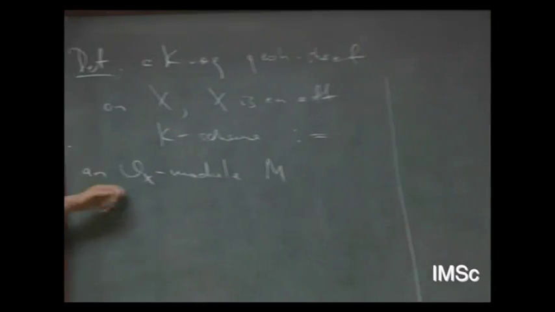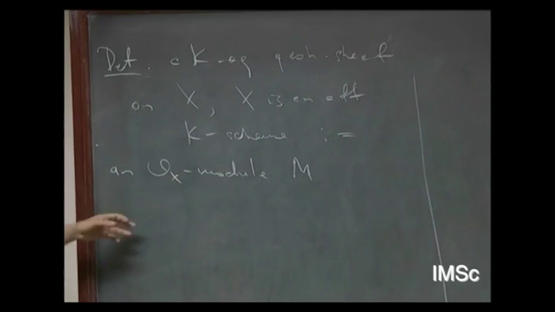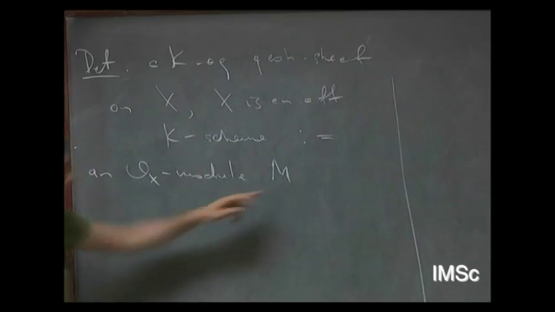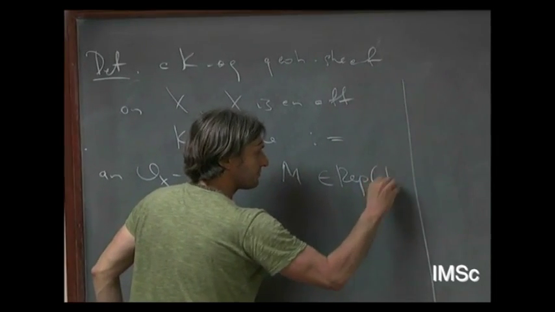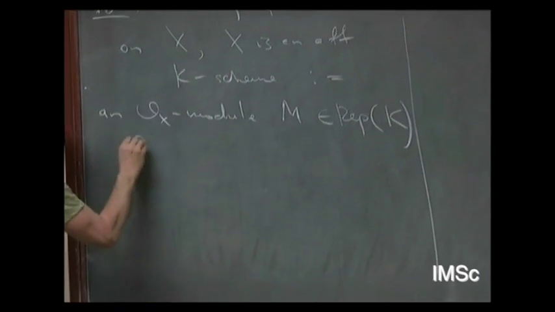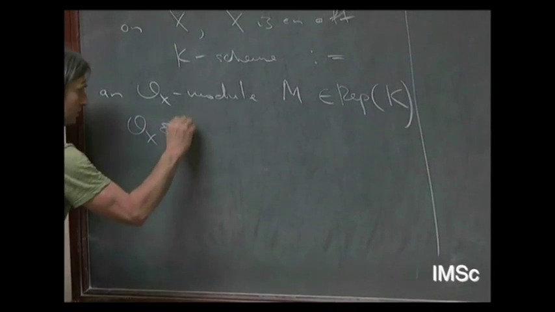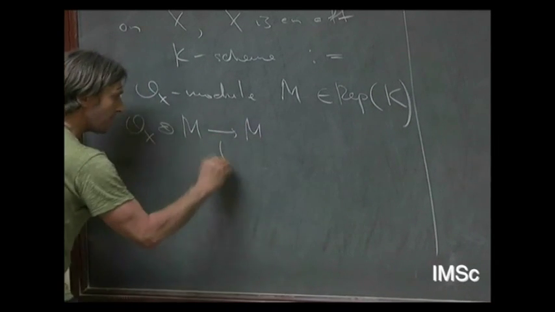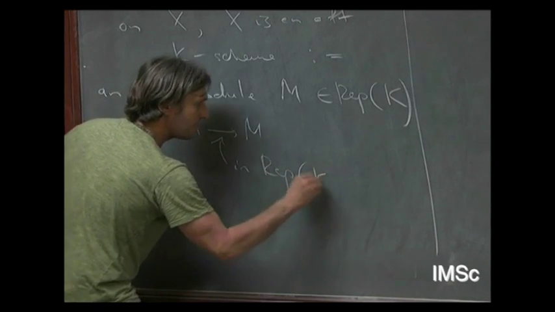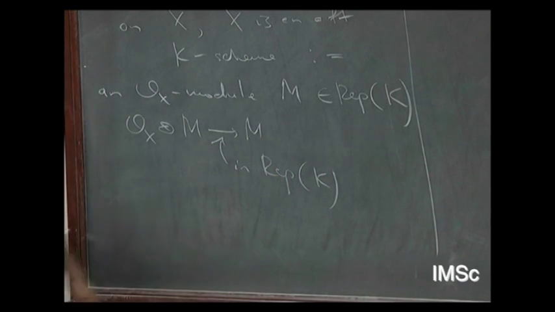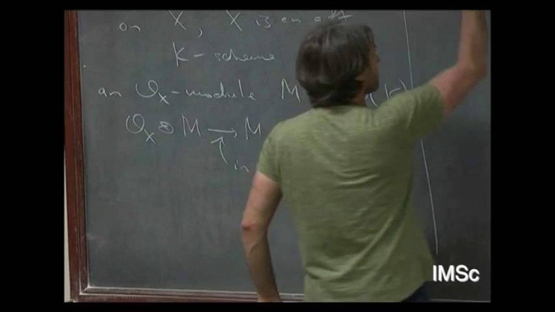So here is a definition. An equivariant sheaf is just a module M in this category. So in other words, we have the usual module structure, but this map should be in rep K. So, just for the sake of completeness, an equivalent definition.